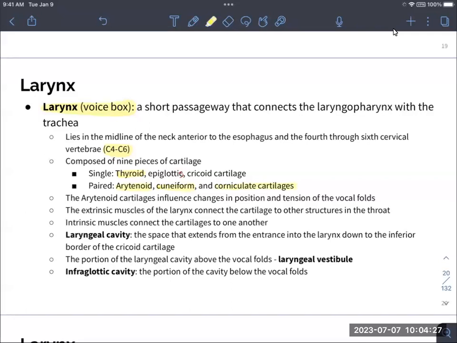The arytenoid cartilages specifically are what are going to change the tension on your vocal cords to allow different volumes, to allow different sounds.